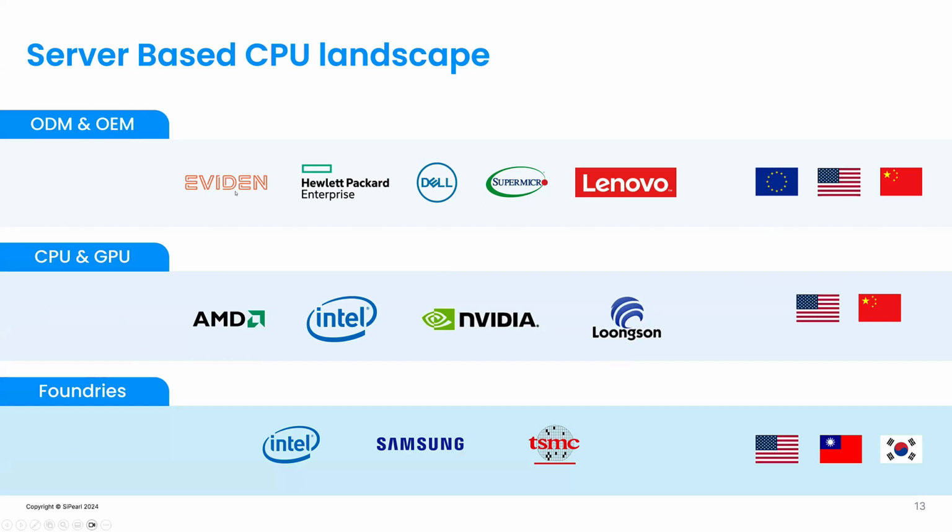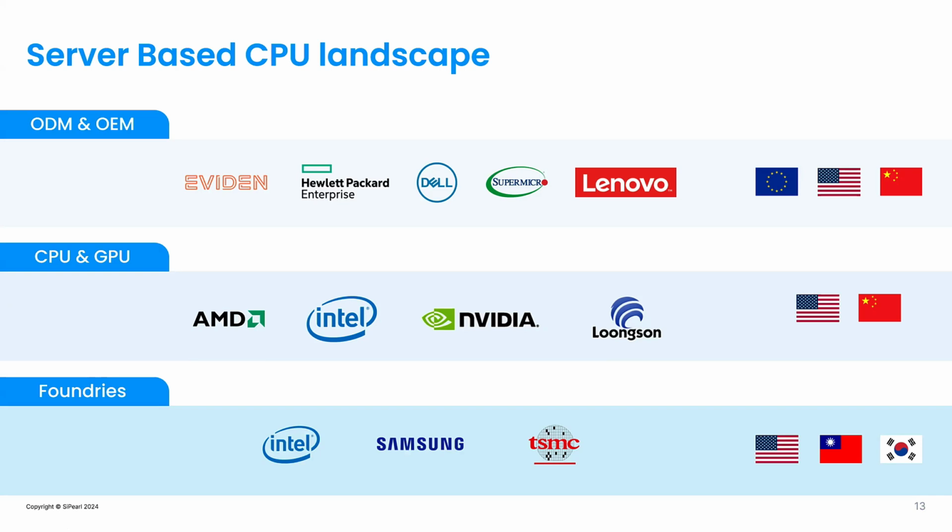And even though Eviden is well known in the HPC field, unfortunately, most of the market in terms of general server data center is taken by HPE and Dell. In terms of CPU and GPU providers, we have the well-known AMD, Intel, NVIDIA, Loongson, which are American and Chinese.